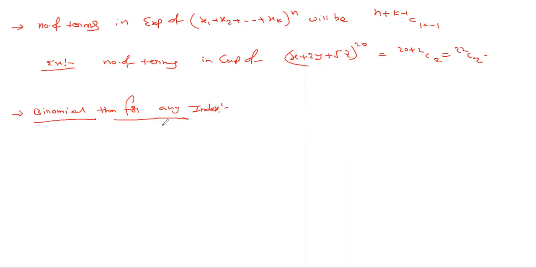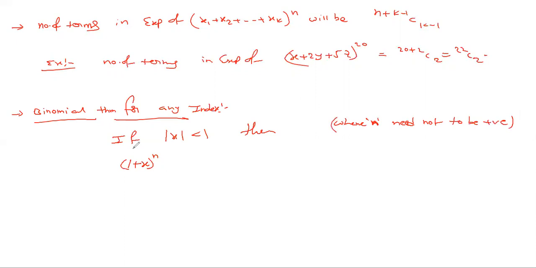If modulus x is less than 1, then the expansion of (1 + x)^n, where n need not be positive, n means the index, will be 1 + nx + n(n - 1) divided by 2 factorial into x^2 + n(n - 1)(n - 2) divided by 3 factorial into x^3 + and so on.